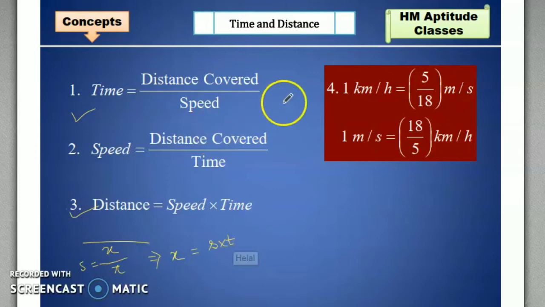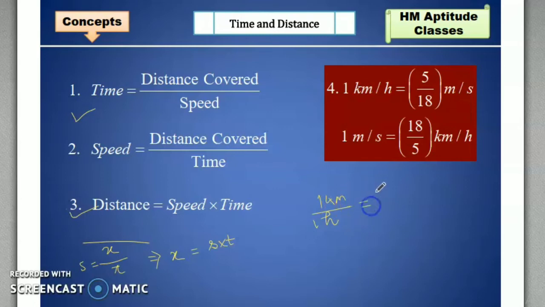Now in point number 4, some unit conversions are provided which are very important for solving numericals in exams. If we consider converting 1 kilometer per hour, this is the unit for speed, so 1 kilometer divided by 1 hour.